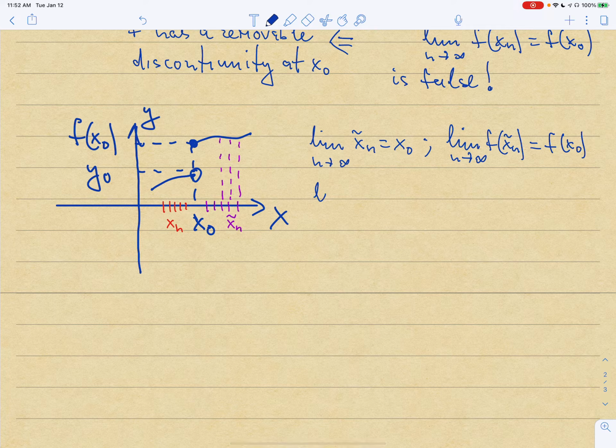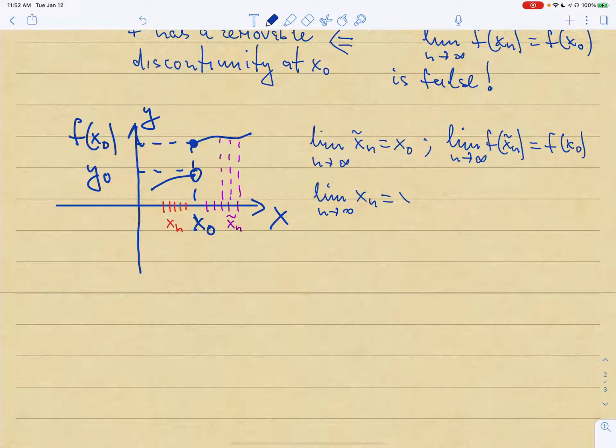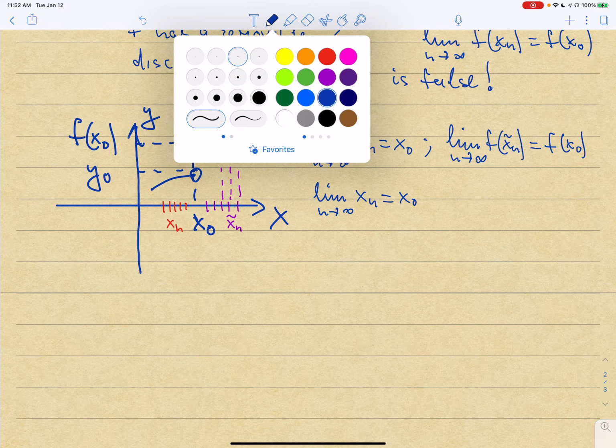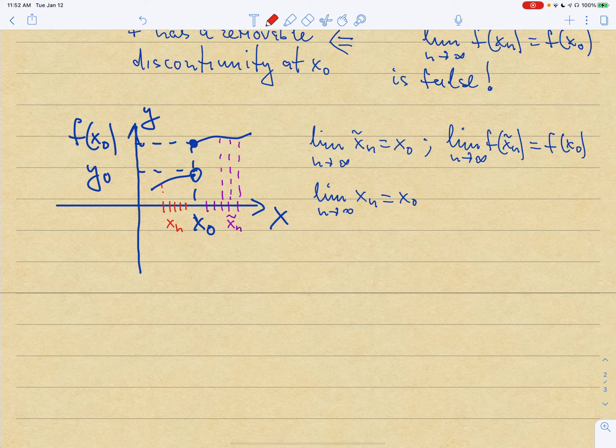But this has to be true for all possible sequences. So now if I take the limit of xn, the red points, which is also x0, however, for those we see that f of xn will converge to y0.